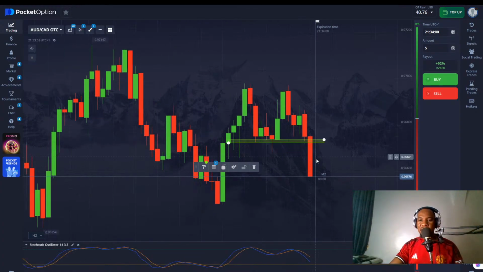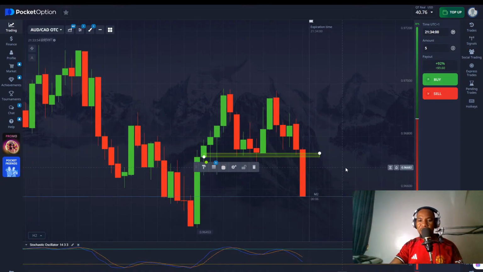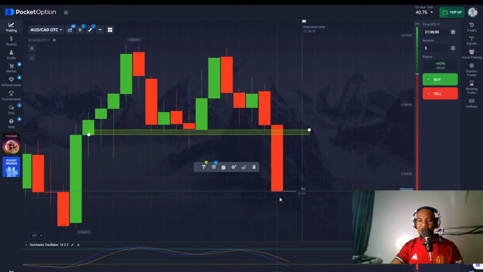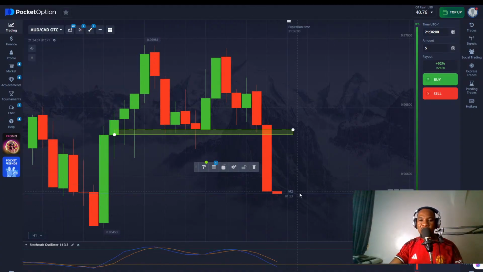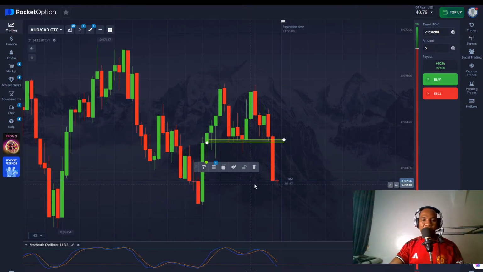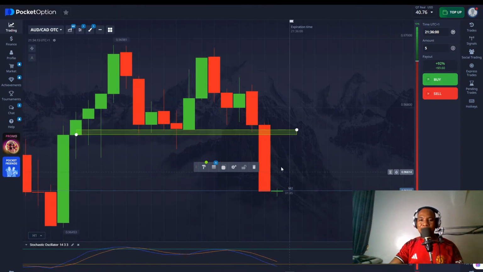Now let's observe this moving candle. If it closes without a wick, then we have a 50-50 chance of price continuing down. But if it closes with a small wick, our chances have increased.